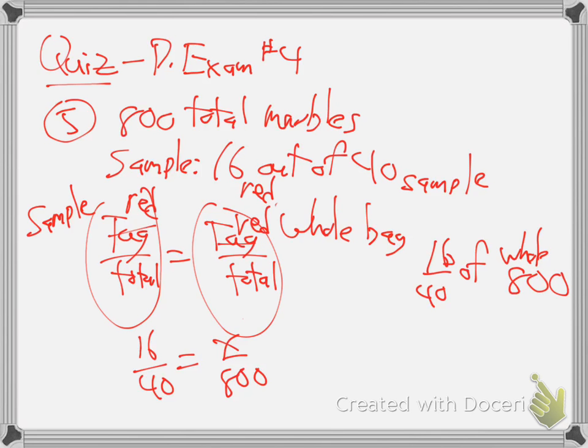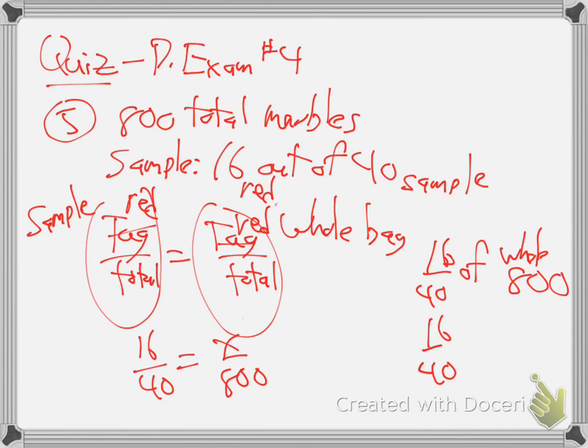Why would I get more red or less red in my sample, on average anyway? That's the whole idea with polling. They ask a small group, and they hope that's representative of the whole country. So same thing: they grabbed a handful out of the bag, 16/40ths were red, so 16/40ths of the whole bag of 800 are probably red.